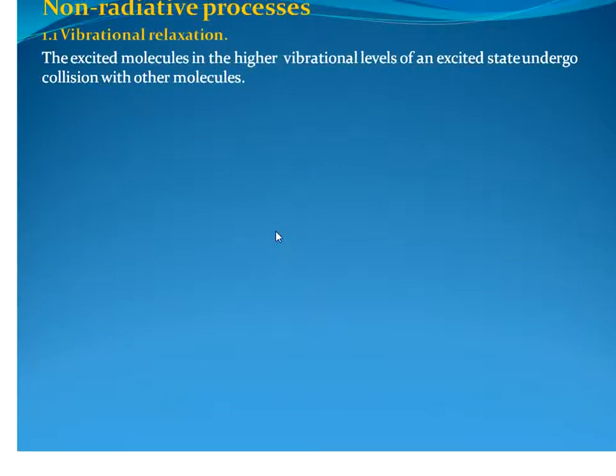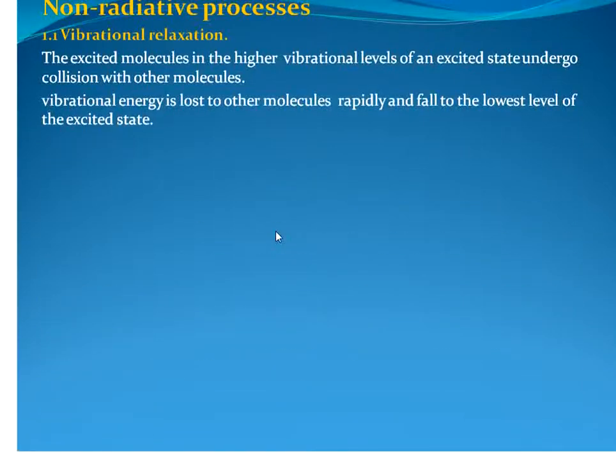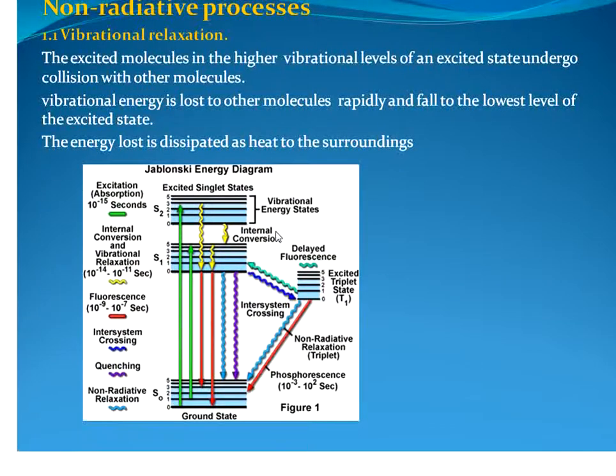For vibration relaxation, the excited molecule in the higher vibration levels of an excited state undergoes collision with other molecules. The vibration energy is lost to other molecules rapidly, and the molecule falls to the lowest level of the excited state.